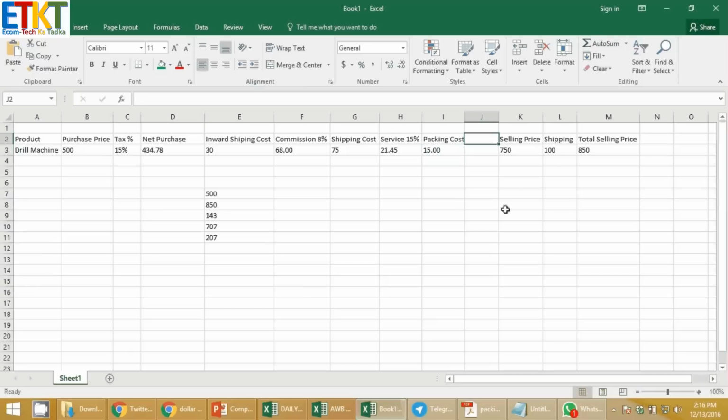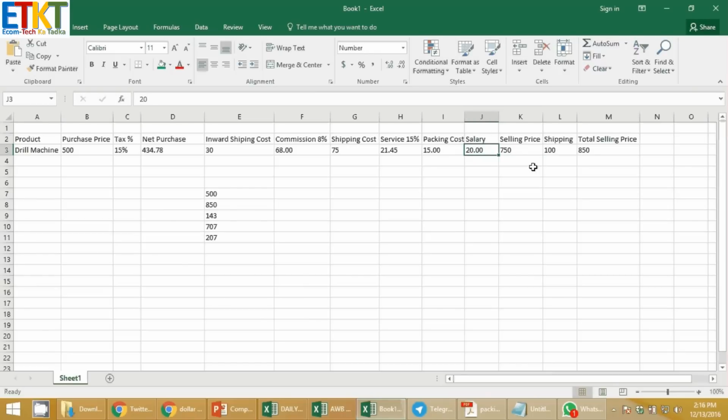Okay, the next thing is wages. Okay, basically we call it salary for the laborers, basically the people who are doing the packing or the people who are procuring the material for you. So on an average, if you calculate per product, it will come around 20 rupees if you are selling roughly 1000 to 2000 products a month.